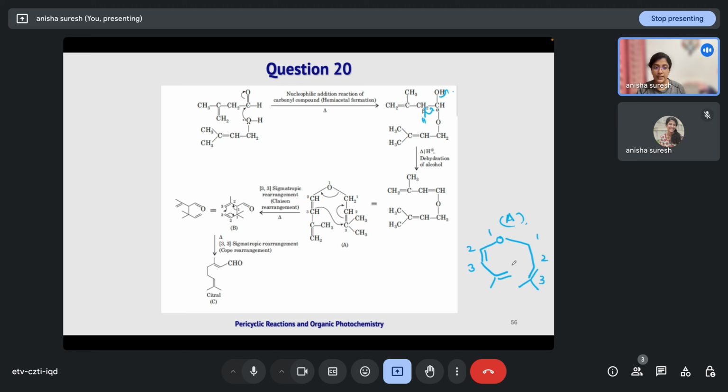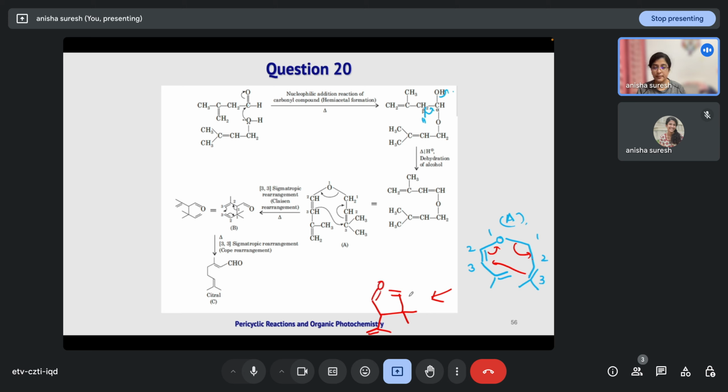Under delta condition, it will undergo a Claisen rearrangement, and it will result in the formation of a double bond here, two methyl, and this aldehyde will be forming.